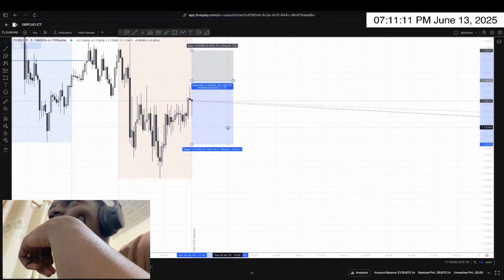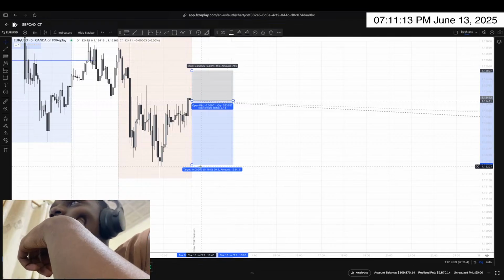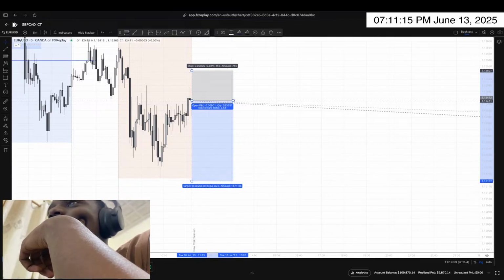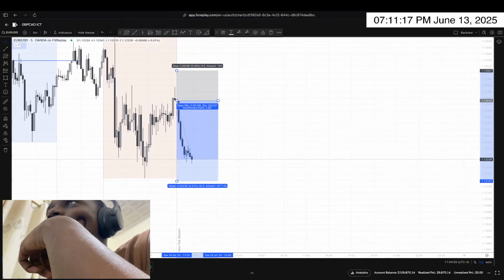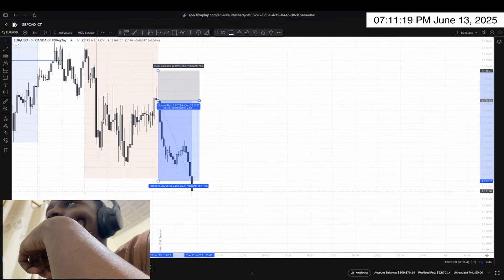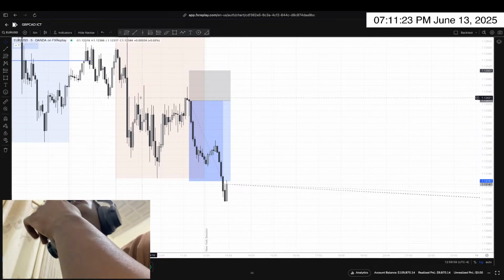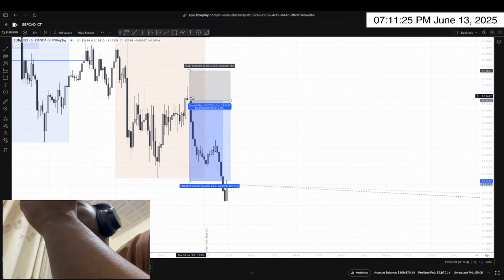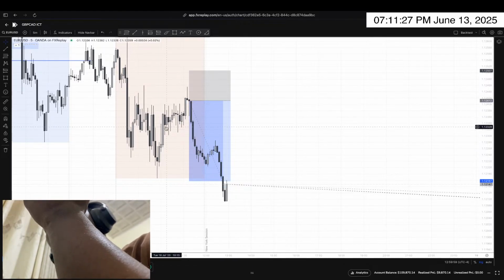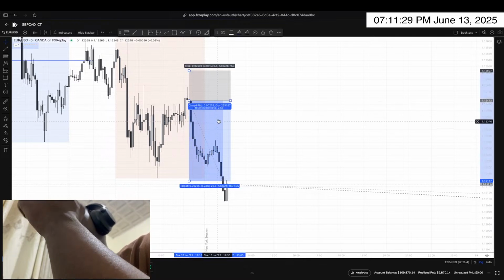I don't know why it looks like it will continue to grow like this. See, check from this gap right there. You can see how the wicks are pushing, but they're not breaking any higher.